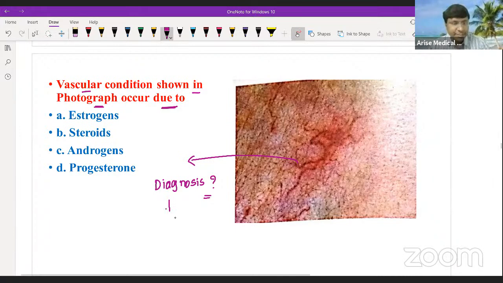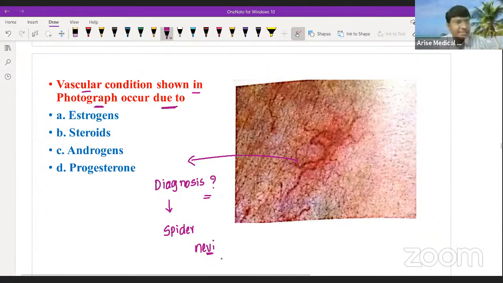See, this is nothing but a form of, excellent, Mohammed Umar. I cannot tell you exactly spider nevi, but I can call it a doubtful spider nevi.